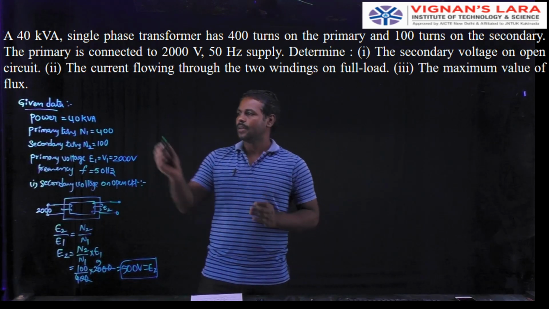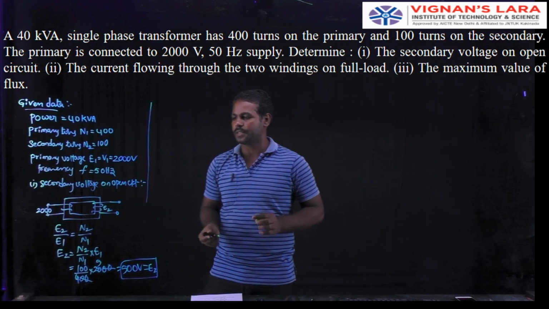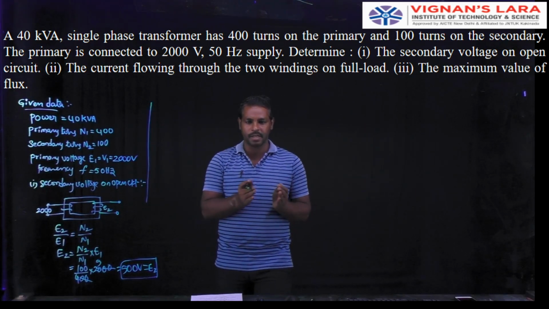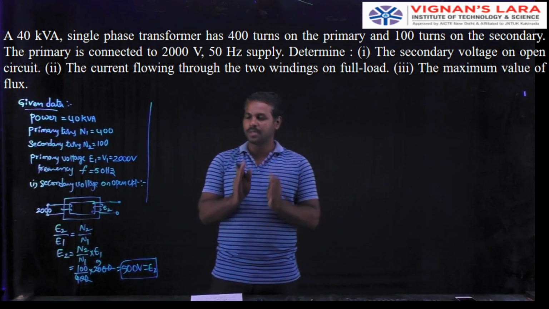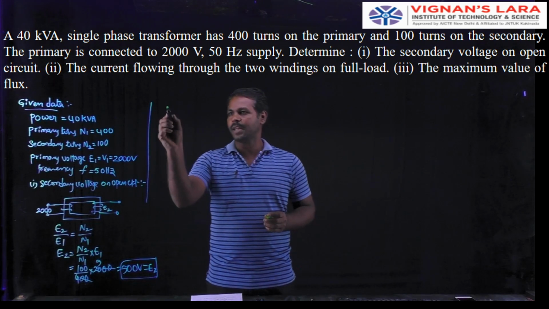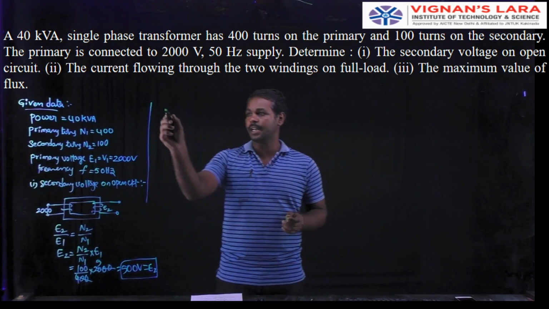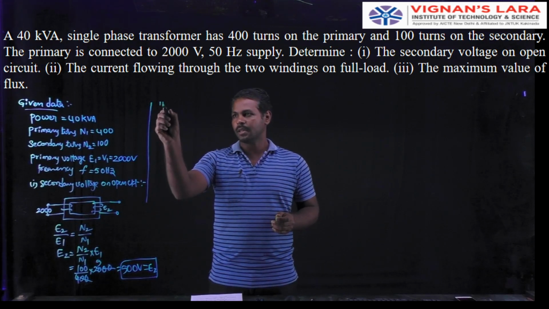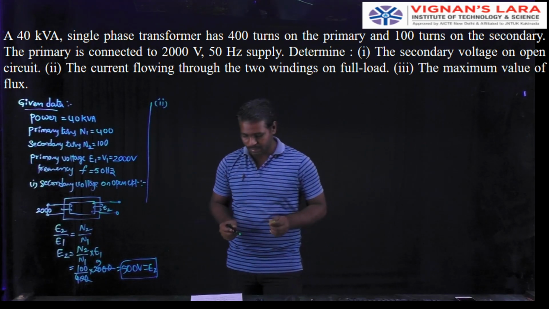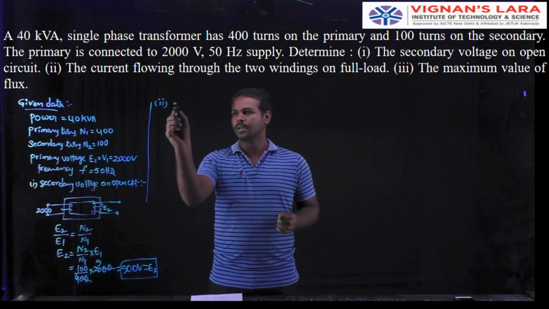So what is the basic rule of a transformer? Ampere turns of the primary must be equal to ampere turns of the secondary, and it should be operated based on that rule. That means I1 V1 is equal to I2 V2. In this condition we can find the currents flowing through the two windings on full load condition.